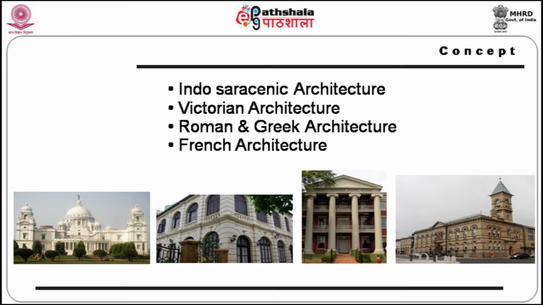We are talking about Indo-Saracenic architecture, Victorian architecture, Roman and Greek architecture, and French architecture. These are the four different styles of architecture which we can apply to an individual building.